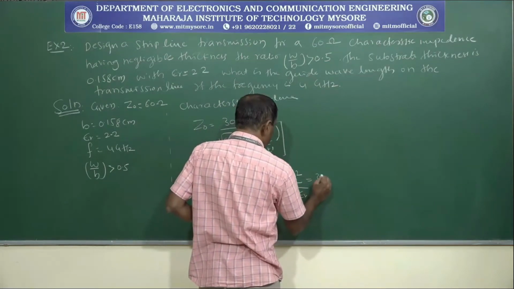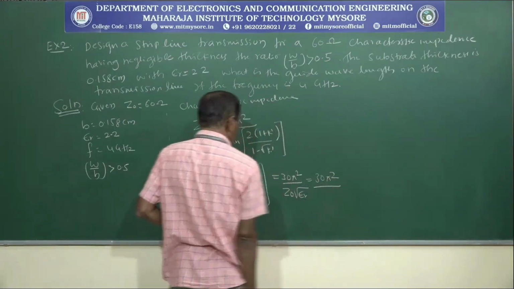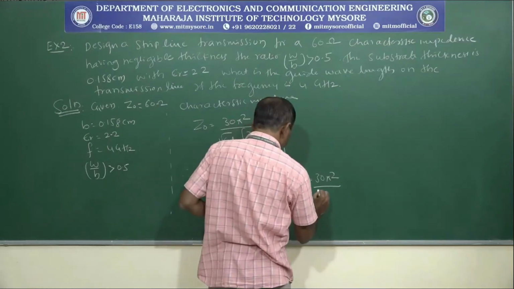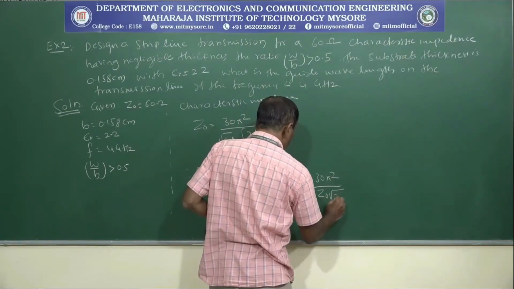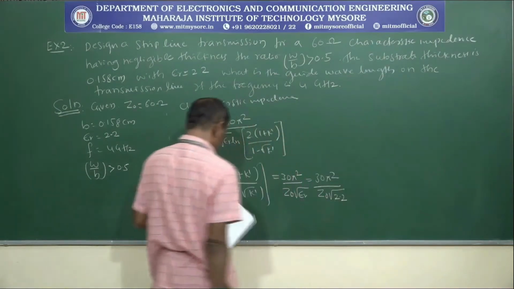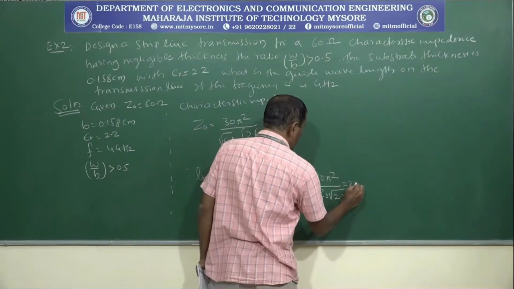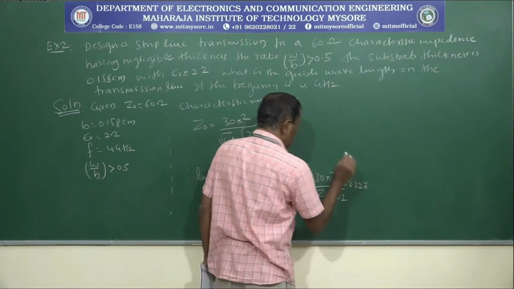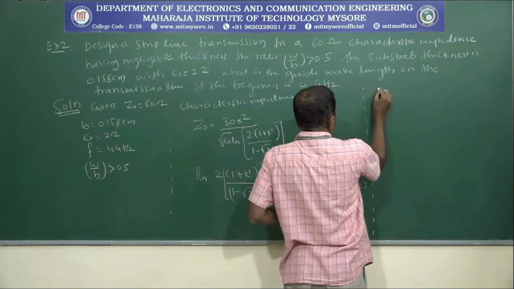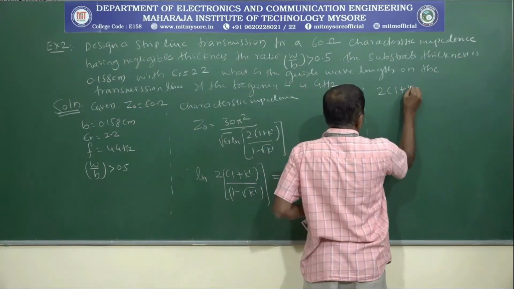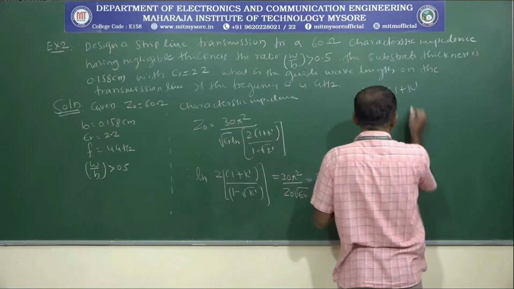So this is equal to 30 pi square divided by Z0 into root of 2.2. This value is equal to 3.327.